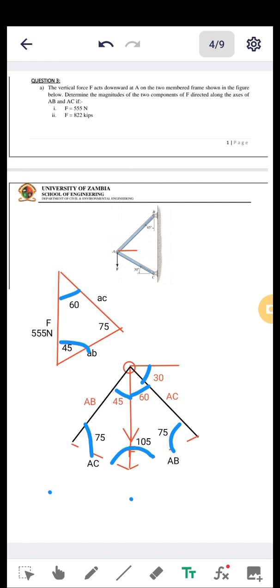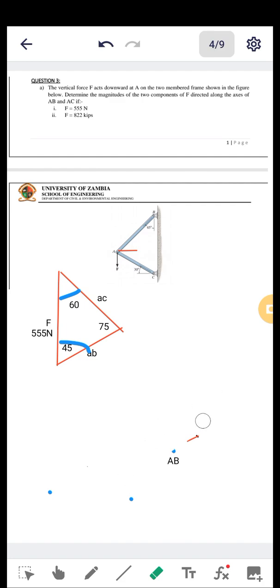Soon I'll buy a Wacom, which will be much easier to explain than this device I'm using. All right, so we now go to the other. Let me just erase everything since you have taken note of the important stuff here.